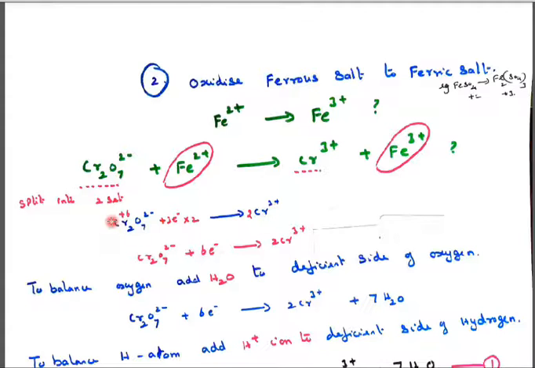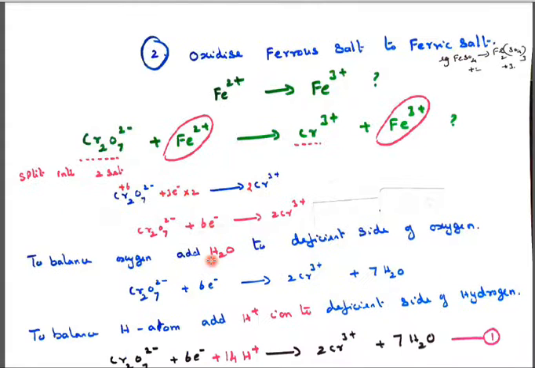I already taught that chromium is plus 6 and here chromium is plus 3. The difference is 3, so put 3 electrons on the higher oxidation number side. But here chromium is 2 on one side and 1 on the other, so to balance 2 chromiums we multiply by 2, and we get 6 electrons.